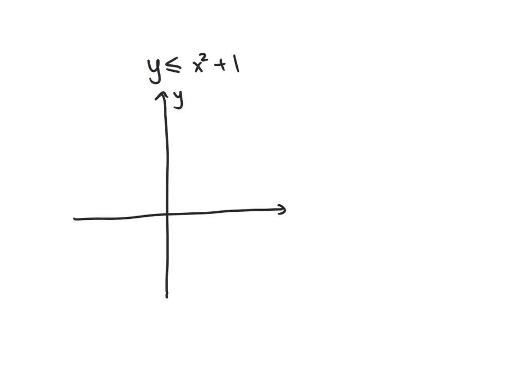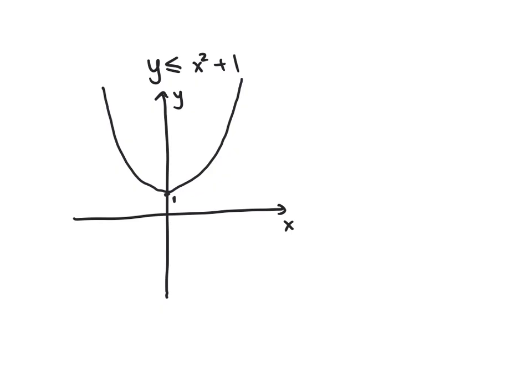So we start with our xy axes. We know what a parabola looks like. And then we look at this and see over here plus 1 means that we shift it upwards by one value. So this is 1. And then I would just draw a parabola like this.